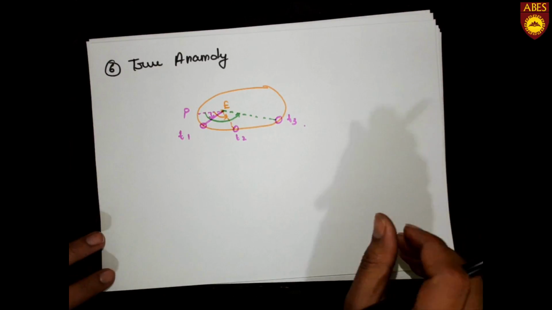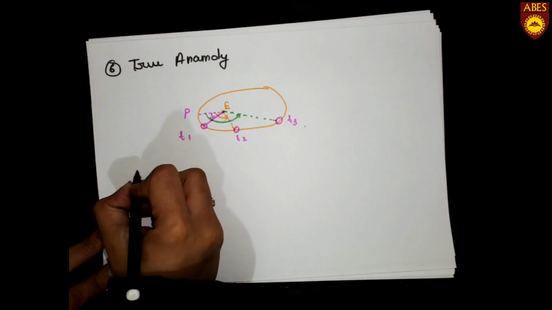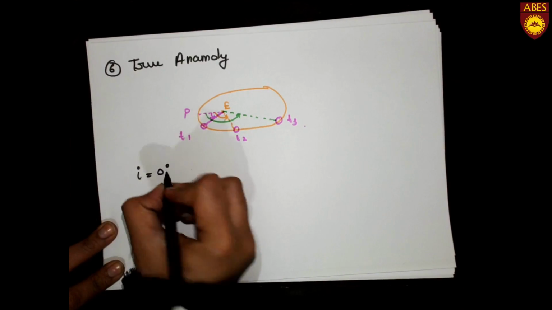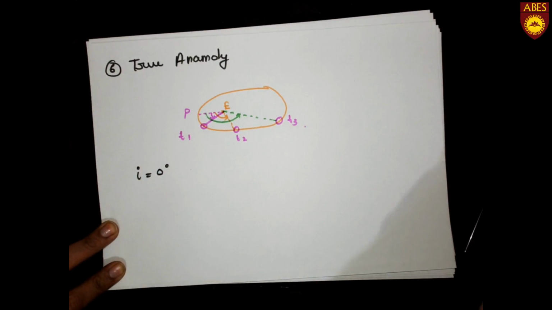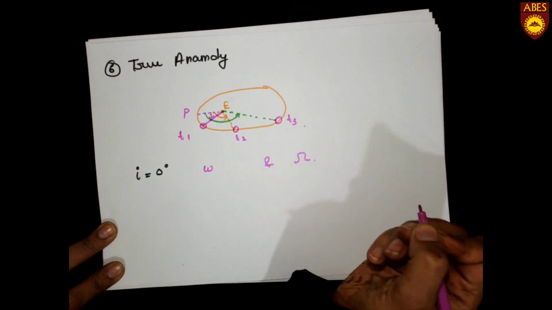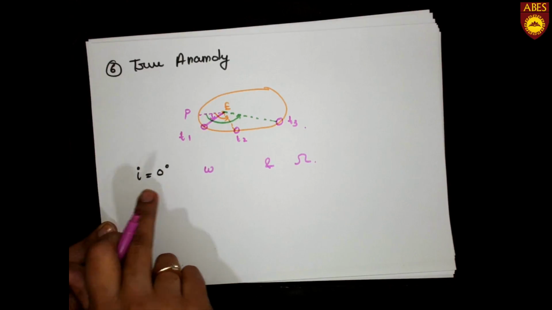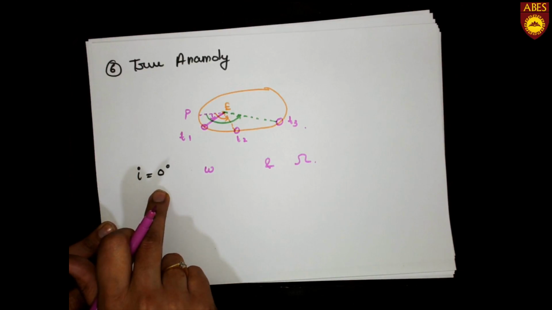Now we can have some special considerations, like if the value of inclination angle is 0 degree, then what should be the value of omega and capital omega? When we talk about i equals 0, i was the angle between the equatorial plane and the orbit.